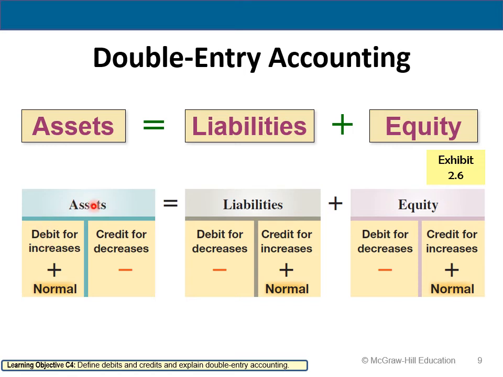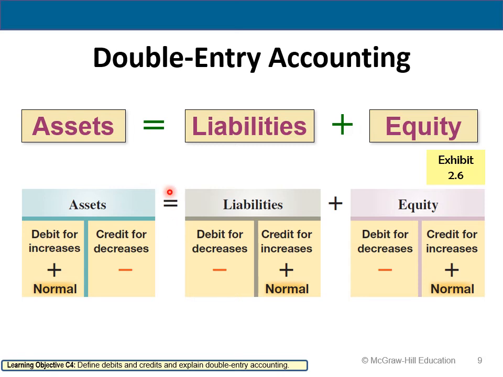All right, there are some exceptions that we'll get to, but for now, assets, we would expect to see a debit balance. And the normal balance is the side that serves as an increase for that account. All right, and we'll work through this. I'll demonstrate this and give you guys an opportunity to work through it as well.